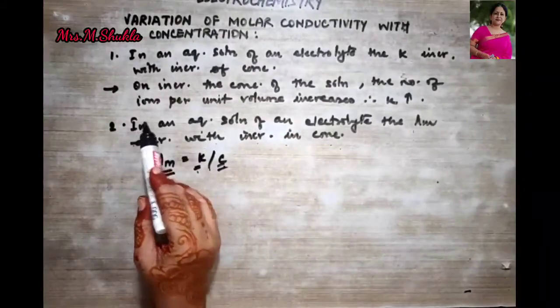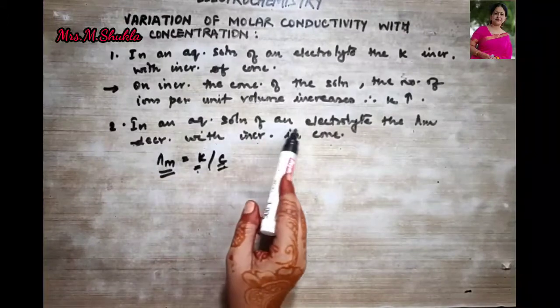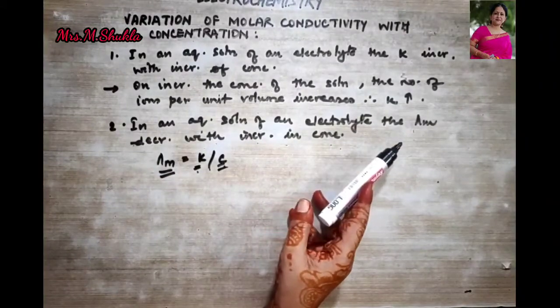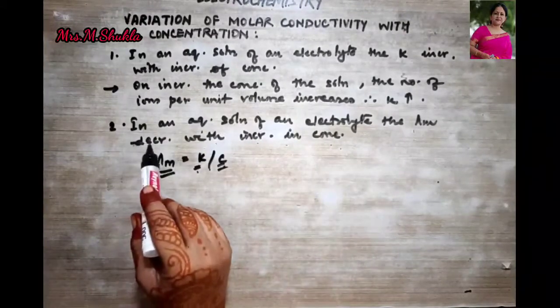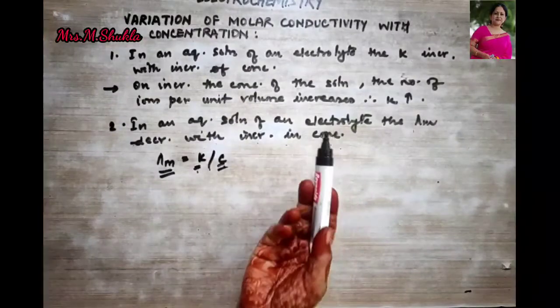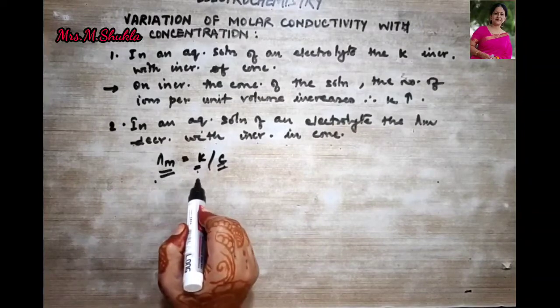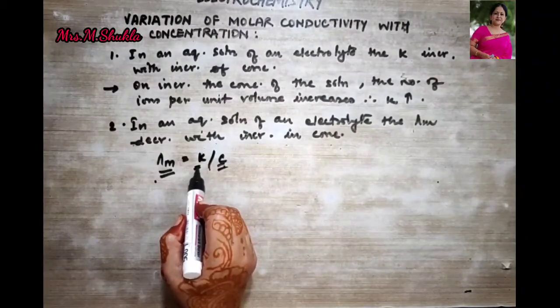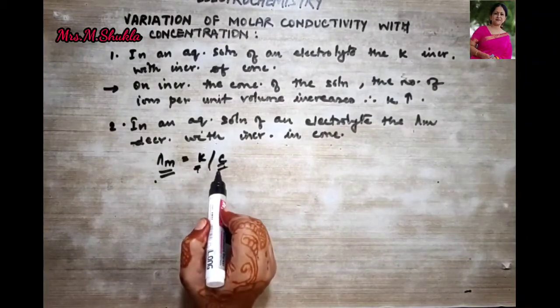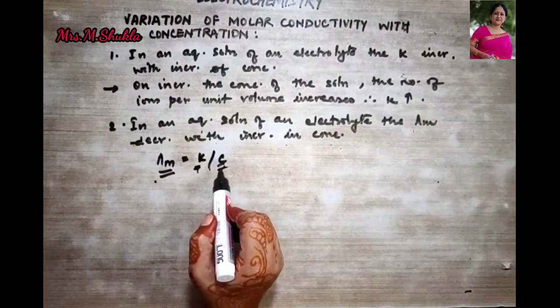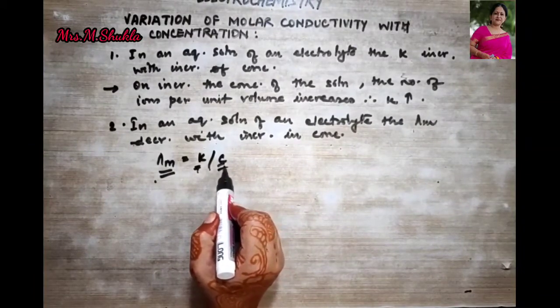Clear? Another question could be that in an aqueous solution of an electrolyte, the molar conductivity increases on dilution. Why so? Because molar conductivity is equal to the specific conductivity upon the moles of electrolyte present per unit volume of the solution.